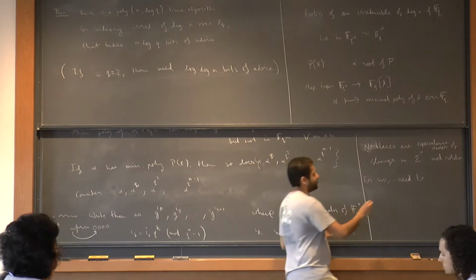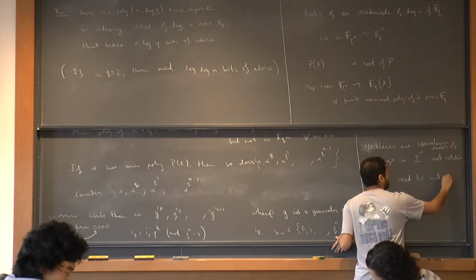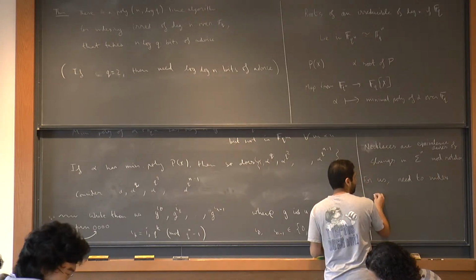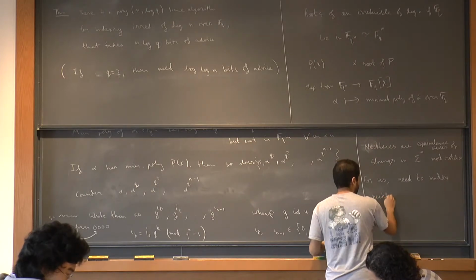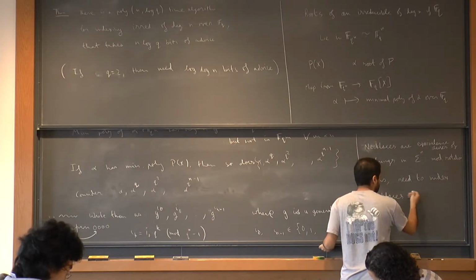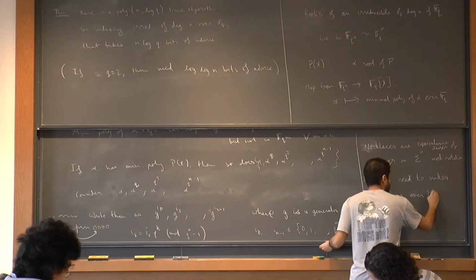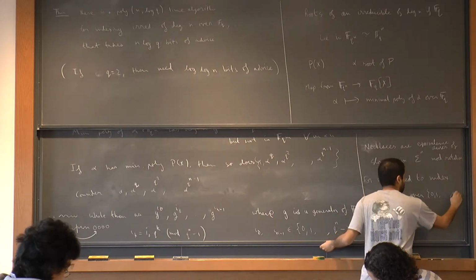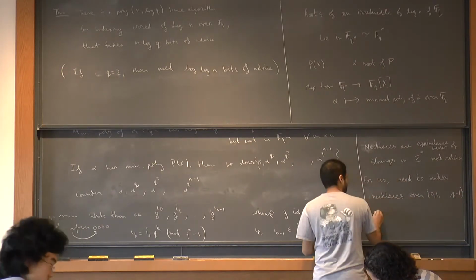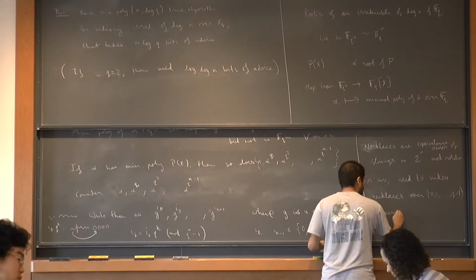So we need to index necklaces over 0, 1, etc. up to q minus 1 of period exactly n.